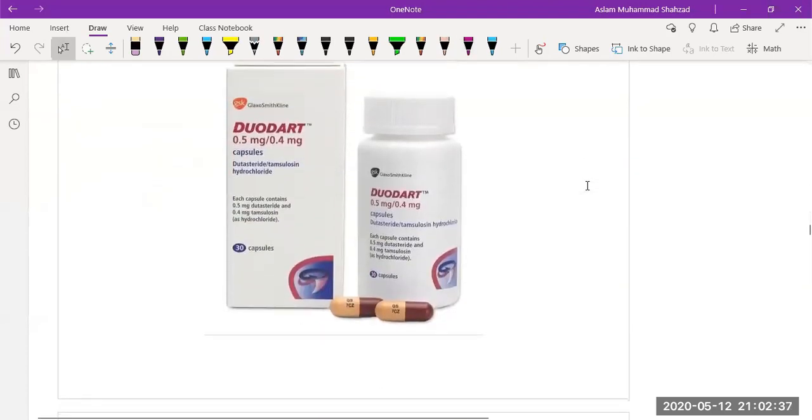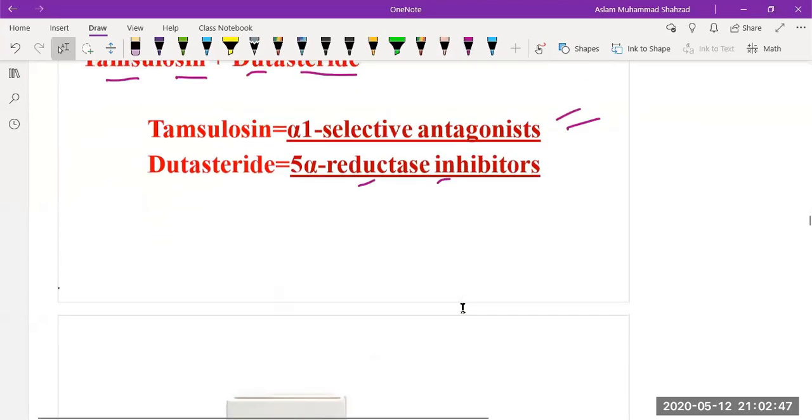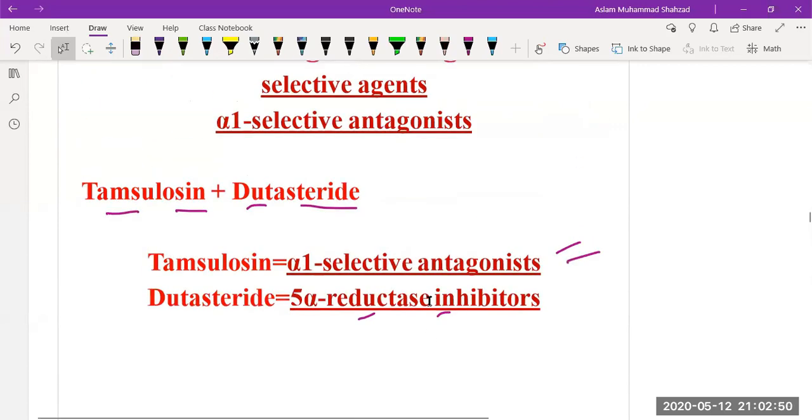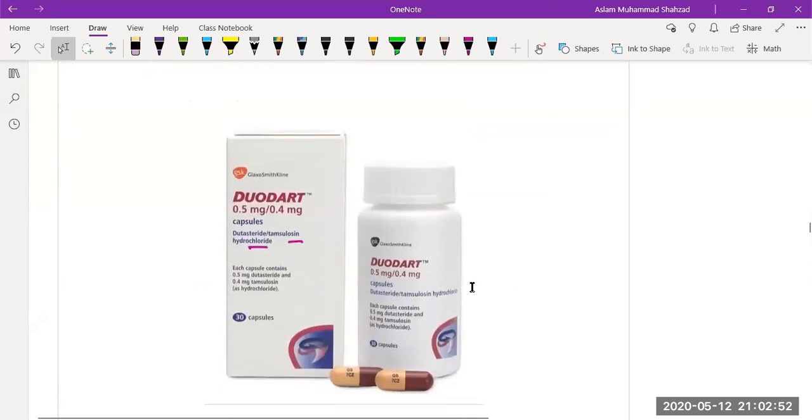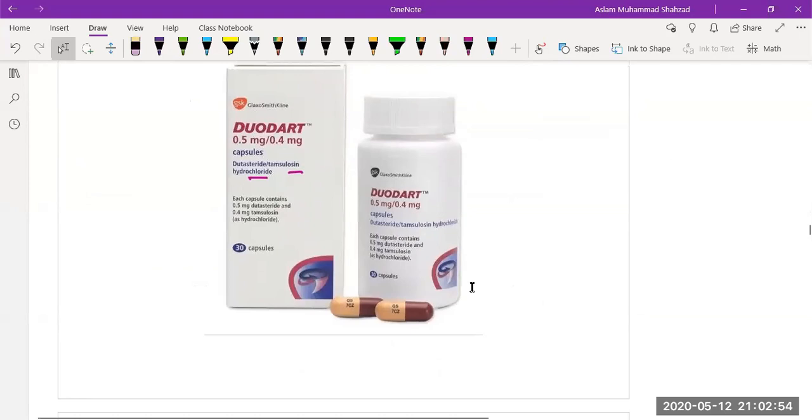The drug is available in the form of a combination of dutasteride and tamsulosin hydrochloride, and by combination of both agents, they are responsible for treating benign prostate hyperplasia. The drug that is available in the market is Duodart, which consists of 0.5 milligram of dutasteride and 0.4 milligram of tamsulosin, and they are available in the form of capsules.